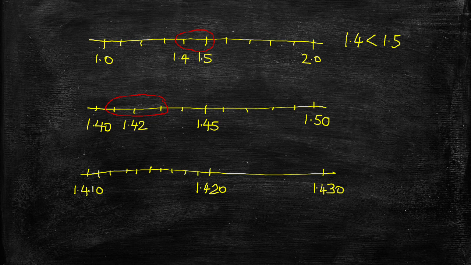and let's suppose I'm trying to locate 1.412, it would be this number here. And then let's divide the other section.